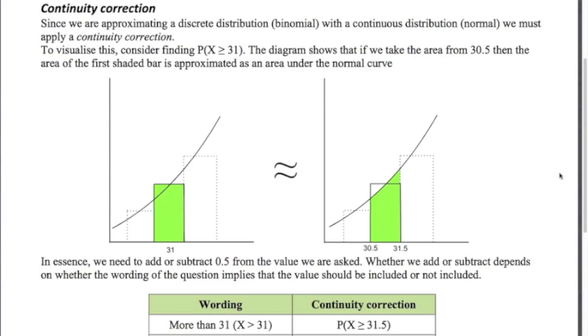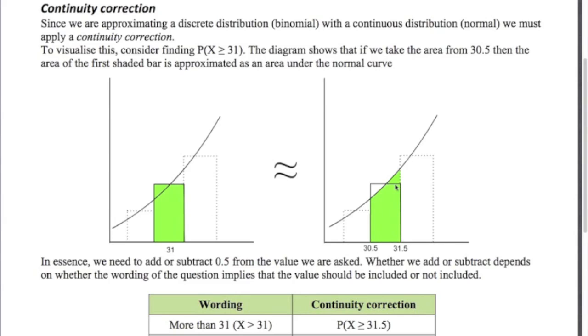One more important point to make here, when we're calculating these probabilities going from the binomial to the normal distribution. Because we're approximating a discrete distribution with a continuous one, we have to do a continuity correction. So let's visualize this. If we consider finding the probability of x being greater than or equal to 31 for a binomial distribution, if we're going to include 31, what we need to do is work out the area under the curve from 30.5 and up.